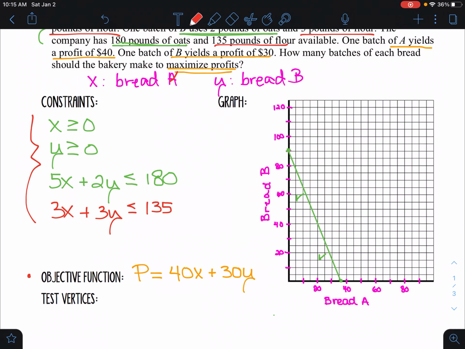Okay. Now let's do the other one. Our red inequality says 3x plus 3y is less than or equal to 135. This is for flour, our constraint for flour. Now, if we do 135 divided by 3, we get 45. So it'll be 45 for our x-intercept and our y-intercept.